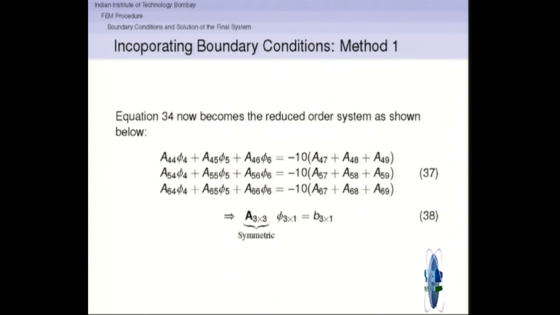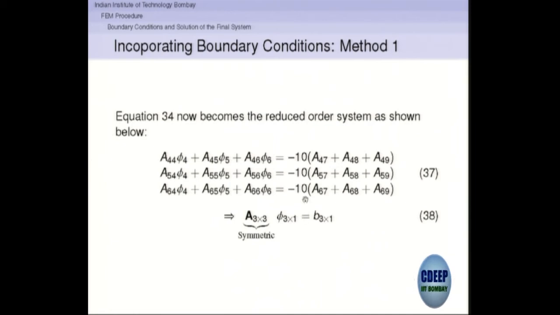And then when you do that matrix manipulation, you will get only those middle 3 rows and the corresponding elements. So you will be left with these 3 equations. See, this 10 here is coming because one of the potentials is 10. If the potential was something different, this would have been different.